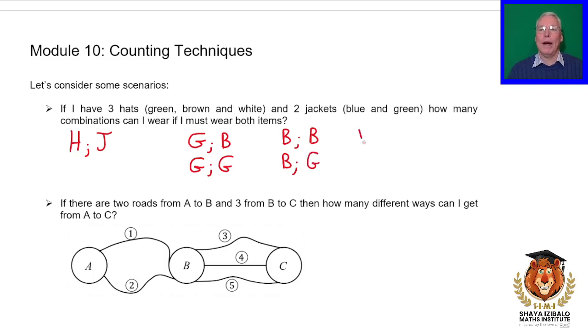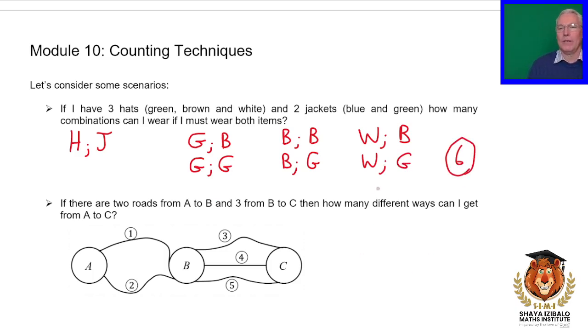Lastly, I could wear the white hat with the blue jacket, or the white hat with the green jacket. Those are the only 6 things that can happen. And we're going to ask you to try and just think about a rule that we can generalize as we move forward. But 3 hats, 2 jackets, 6 options.